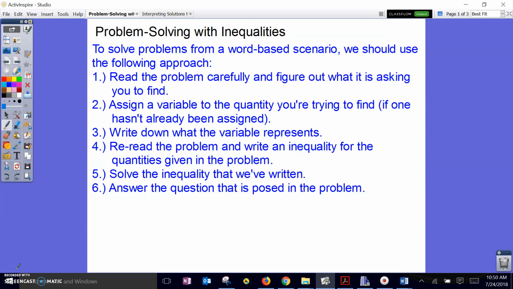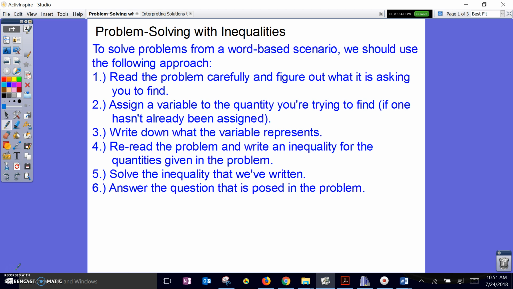Sometimes we see problems where they tell us, let the letter D stand for depth, and then we don't need to worry about assigning a variable ourselves. The third step then, we want to write down what the variable represents. Again, if they tell you what the variable represents in the problem, that's not a big concern for us.